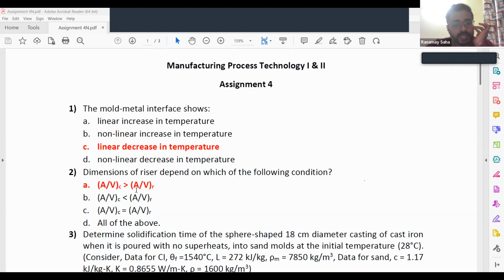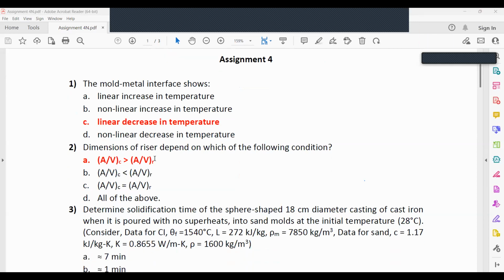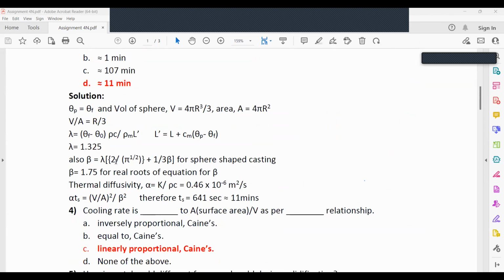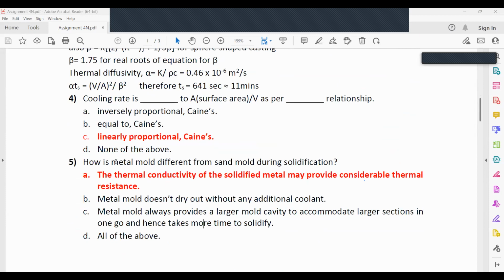And the second one is correctly given. The cooling characteristics of riser should be less than that of casting. So A by V for casting should be more. Yeah, this is correct. So A is correct. Okay, thank you, sir.